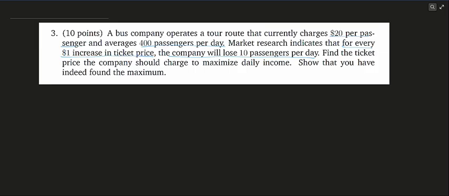Okay, so let's talk about what the variable in this problem is going to be. The one unknown that sticks out from this problem is we don't know by how much we should jack up our ticket price. We know the original ticket price, the baseline, is this $20 right here. So the base is $20. Now, logically, I want to jack up that price by a certain number of dollars.